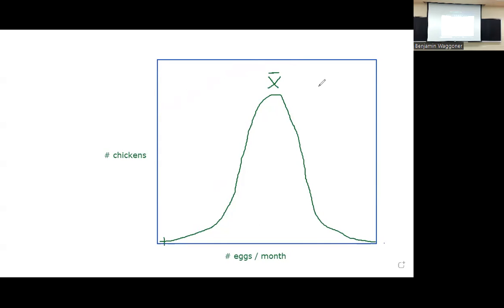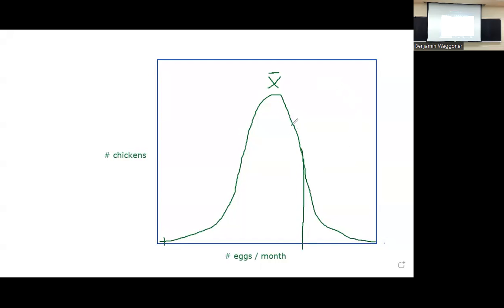Now let's say we decide, okay, all of our chickens that are not laying eggs are going to end up in chicken fricassee, or whatever it is you do with chickens that you don't want. And we're going to save only the top layers. So we decide that right here is a cutoff.